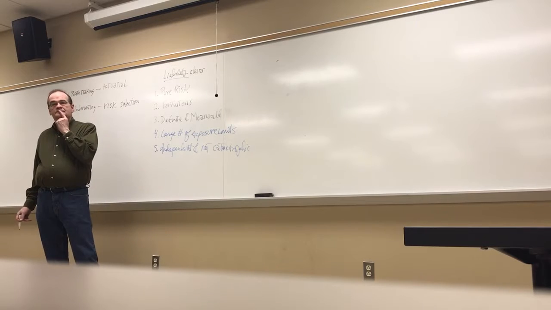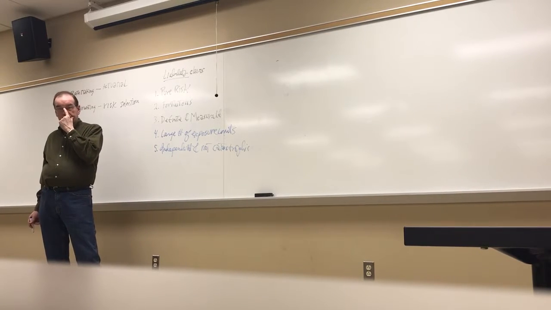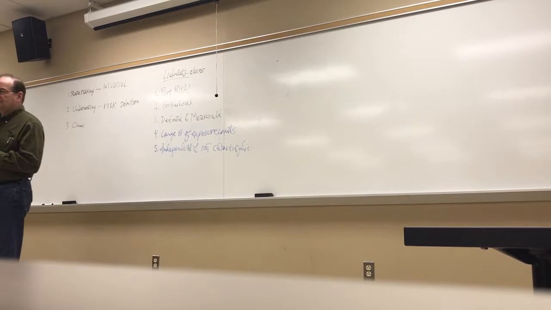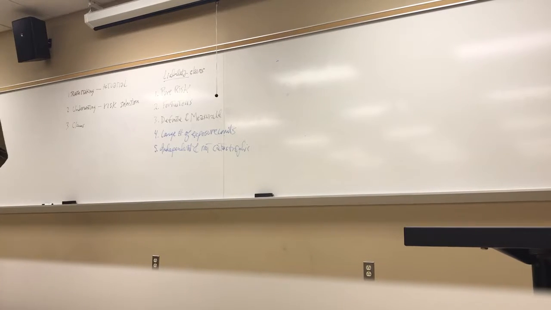I have a question. This list is like the same as the characteristics of insurable risk. Why are they the same? That's exactly what we're doing. We're taking those criteria and we're asking the question, is liability an insurable risk? Oh, okay.